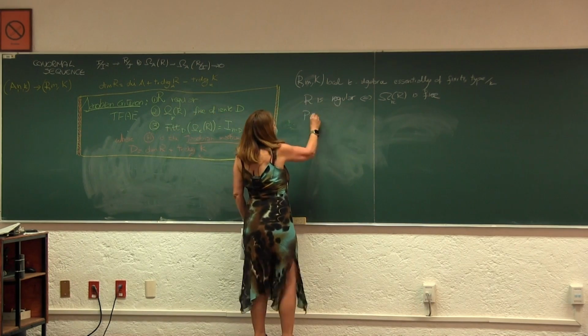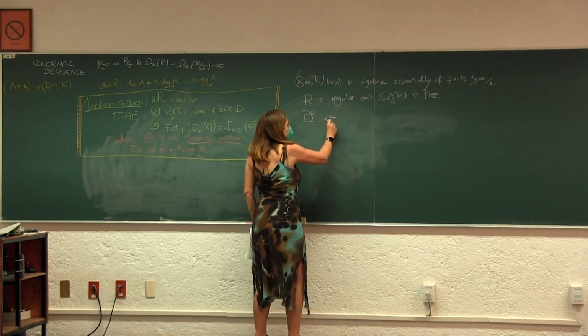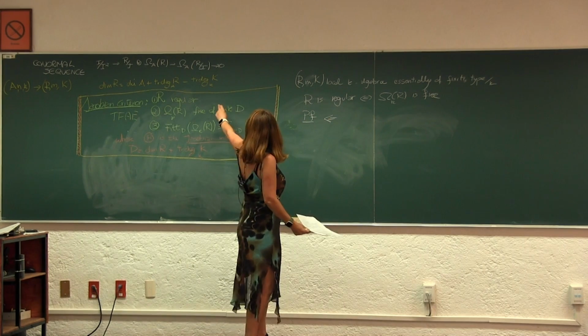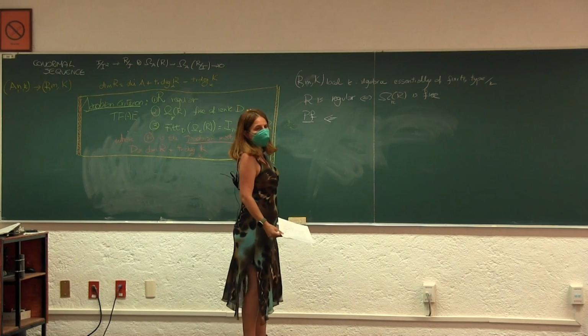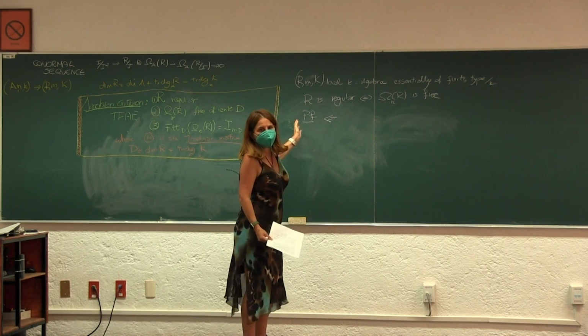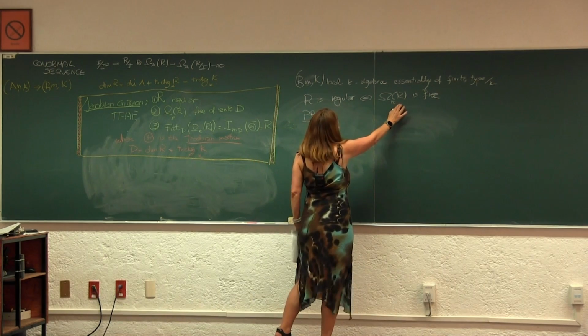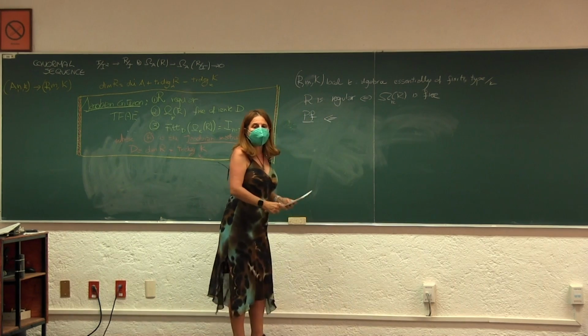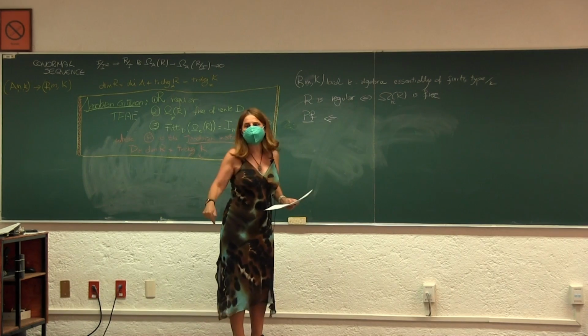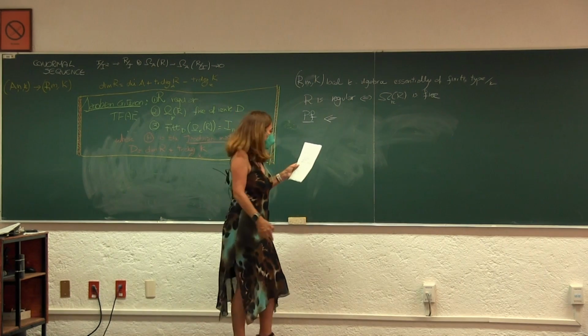For the proof, we just have to prove this direction, obviously, because we already know that if it's regular, the Jacobian criterion says not only is it free, but it's free of that rank. So we have to do the other direction, show that if it's free, then it will be regular. So we have to show that if it's free, it has rank d. So we can use the Jacobian criterion.